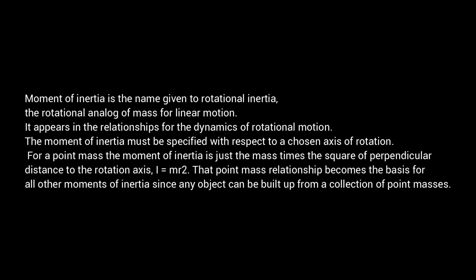For a point mass, the moment of inertia is just the mass times the square of the perpendicular distance to the rotational axis, I equal to mr squared. That point mass relationship becomes the basis for all other moments of inertia, since any object can be built up from a collection of point masses.